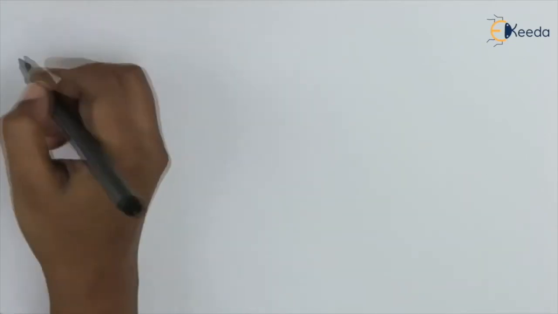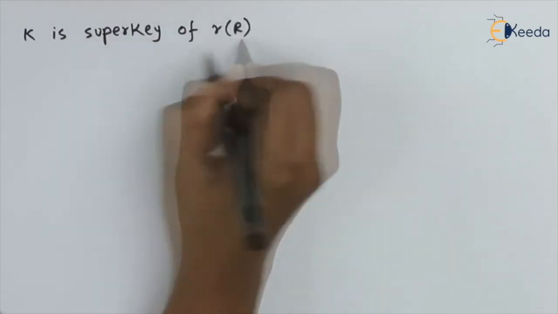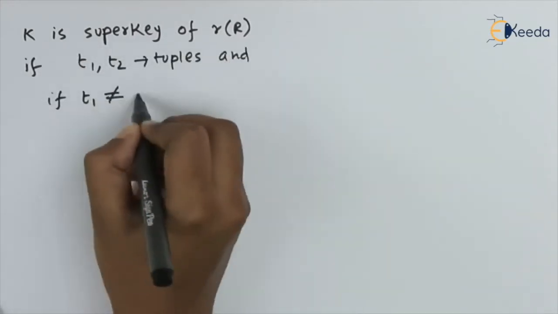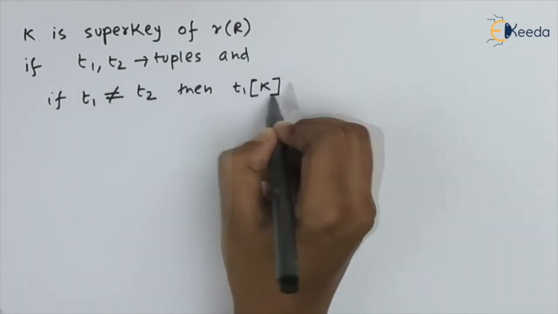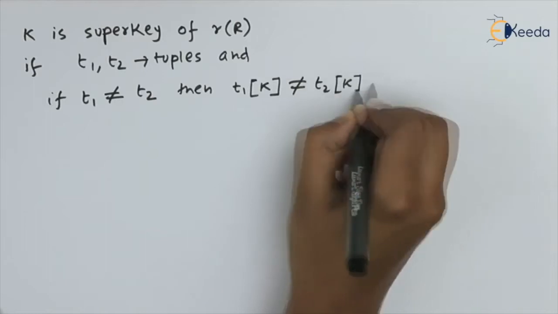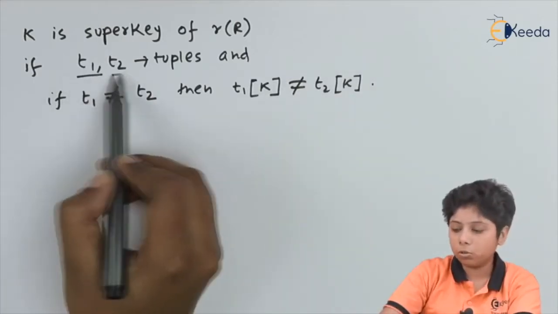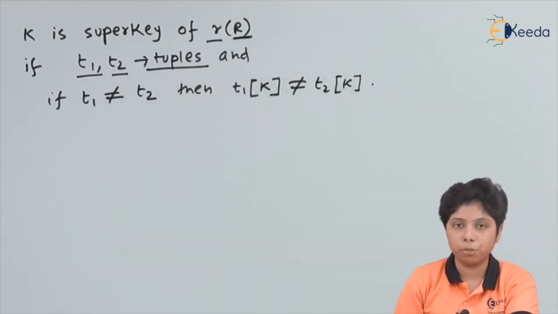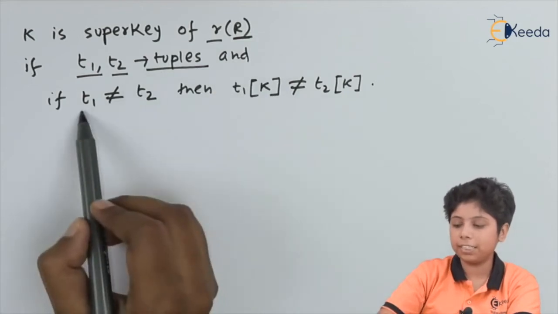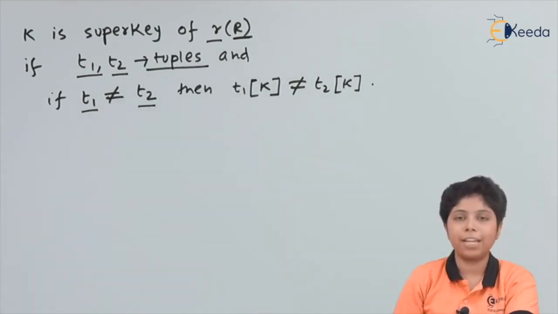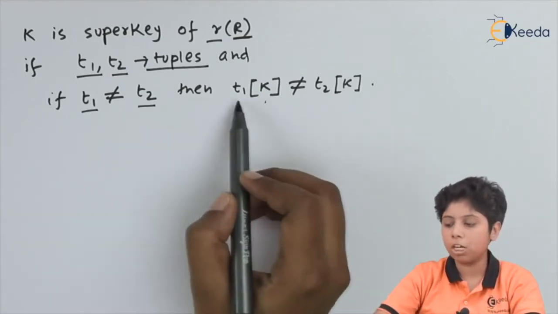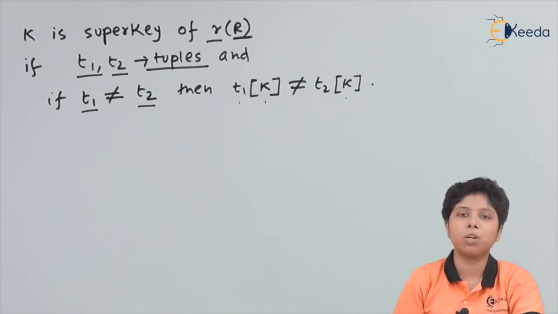So in terms of the formal definition, we can say: if T1 and T2 are tuples of a relation R that consists of a set of attributes capital R, and T1 is not equal to T2, that means the two tuples are uniquely defined, then the super key of T1 cannot be the same as the super key of T2.